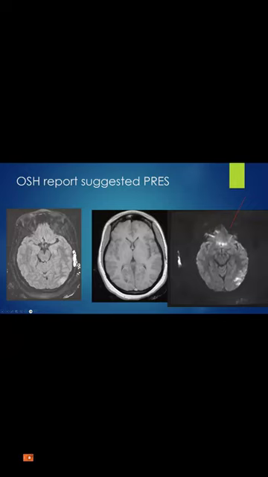And this is still the same patient. They thought the patient had PRES because of abnormal diffusion restriction in the left temporal lobe, which is not characteristic of PRES usually. But they thought, okay, she probably has preeclampsia or something, and this is probably PRES. But actually, this is venous infarction.